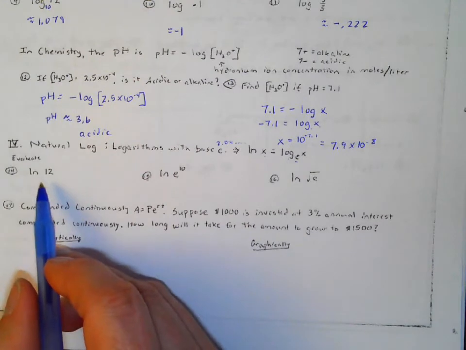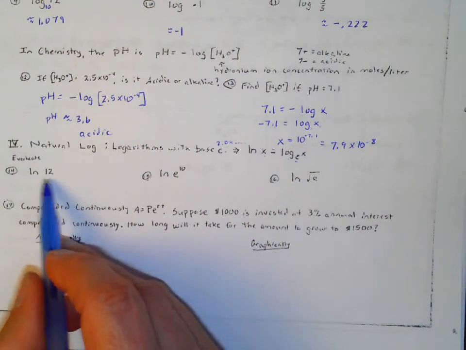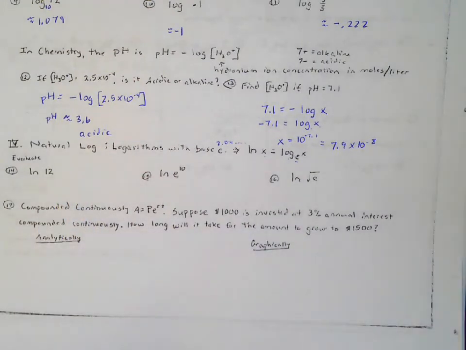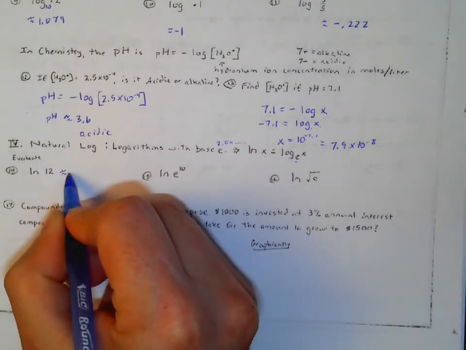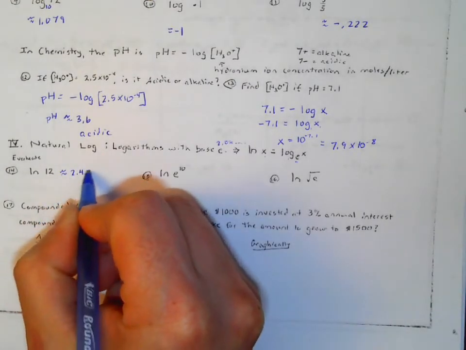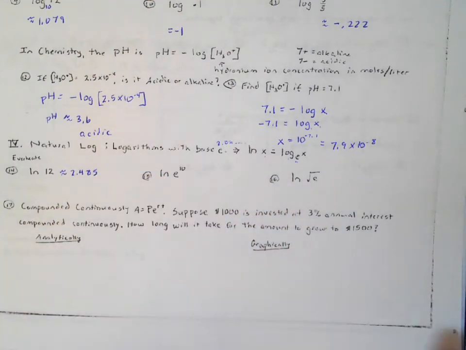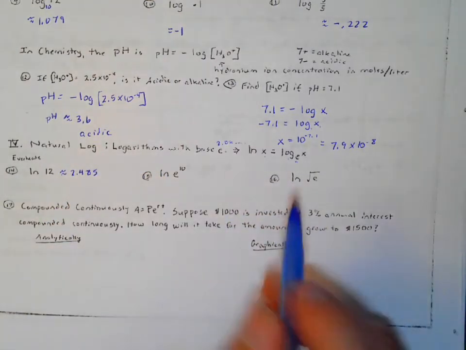So if we want to evaluate this right here, you can go to Desmos again, and the same place you found the log under functions, you can find the natural log as well, ln. So the natural log of 12, if you evaluate that, is like 2.485. Okay, it's irrational, it keeps going.